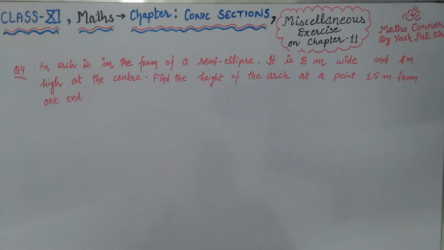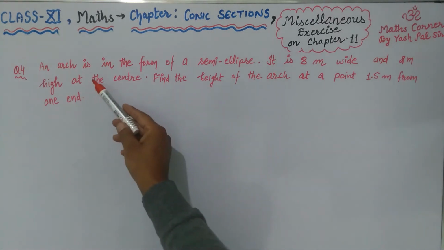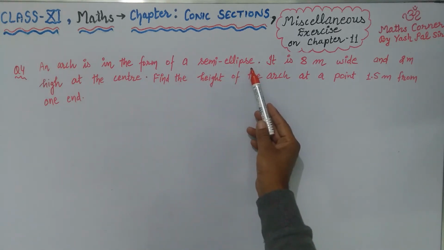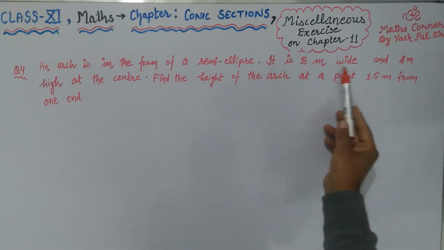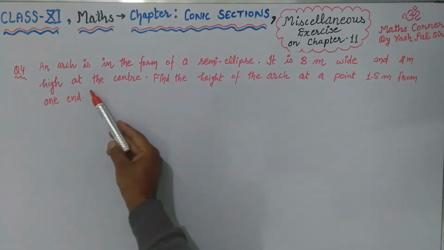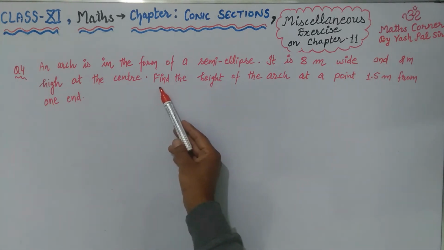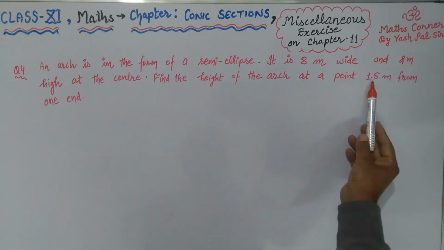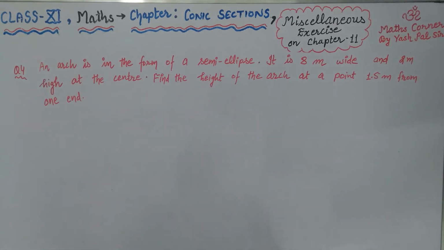Question number 4. An arch is in the form of a semi-ellipse. It is 8 meter wide and 2 meter high at the center. Find the height of the arch at a point 1.5 meter from one end.